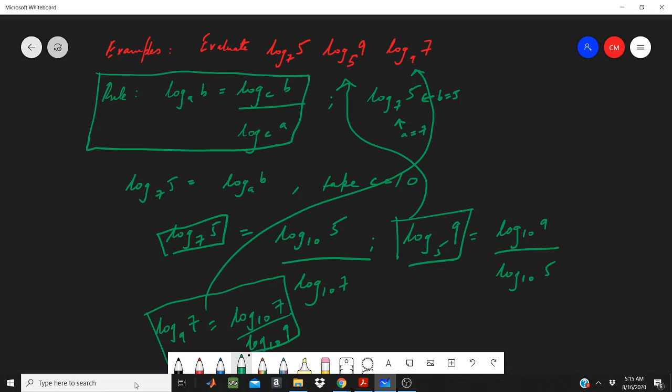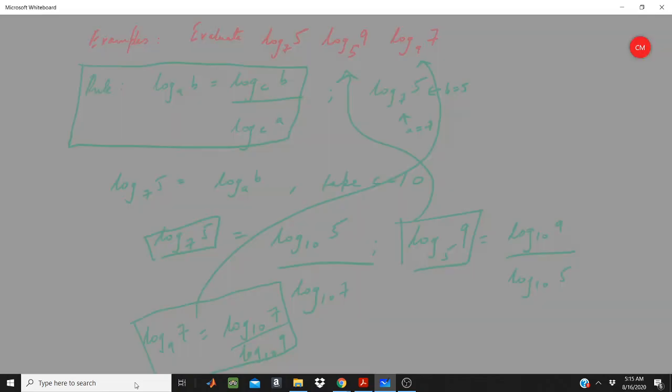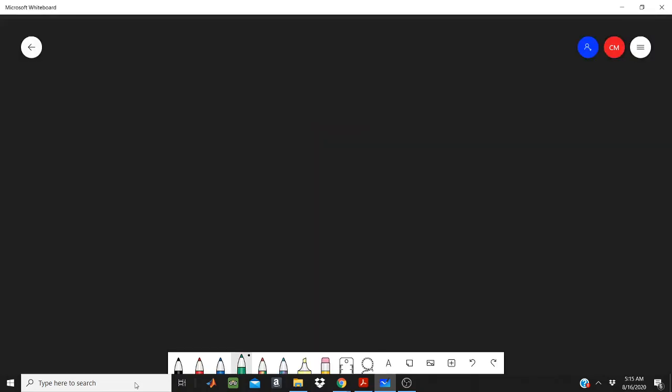let me write this down more clearly for you. I hope this is becoming easier and easier for you as you see it. So now I'll just stick with the red pen. So the stuff that we needed to evaluate was log 7 of 5 times log 5 of 9 times log 9 of 7.